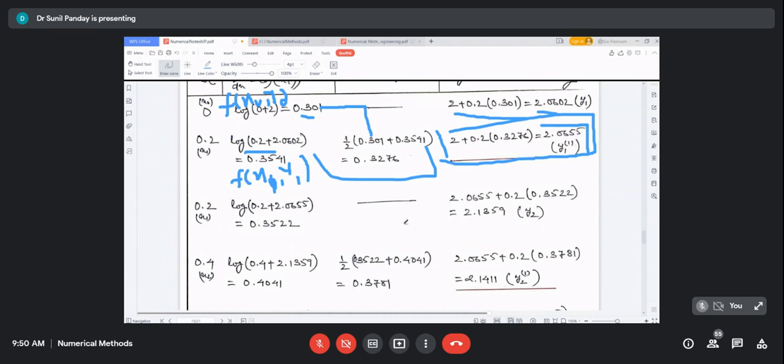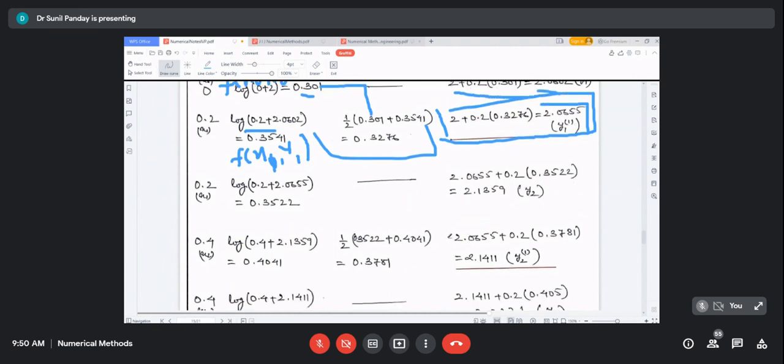So we'll stop here, and then we will calculate y2. To get y2, we have this one as x1, and we will calculate the value of f of x1, y1 1 updation.